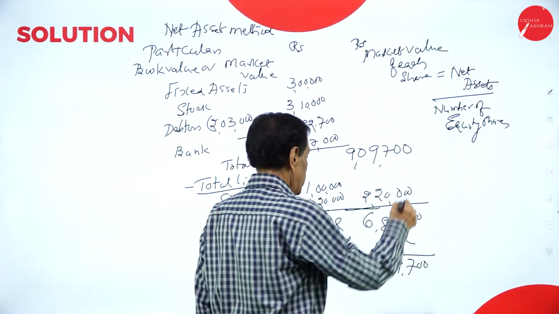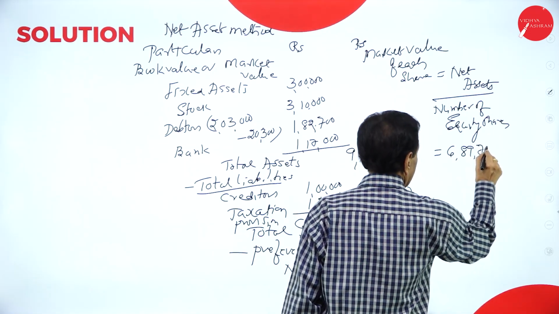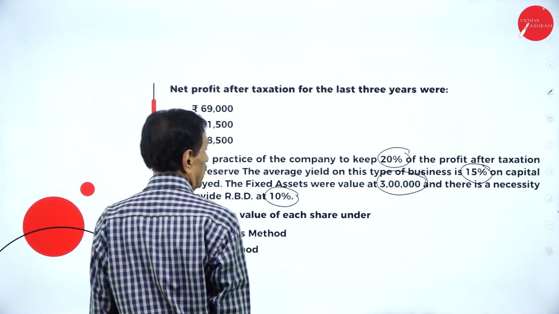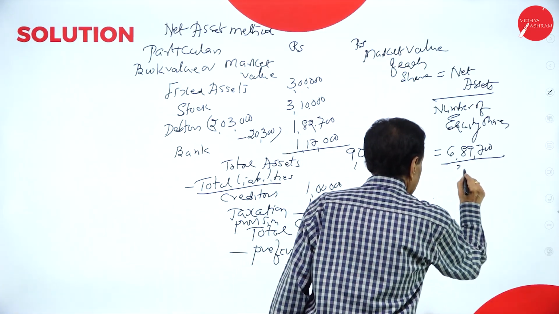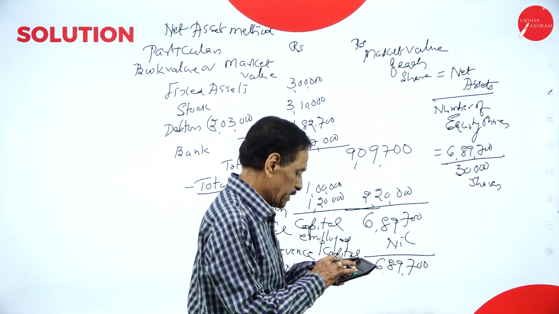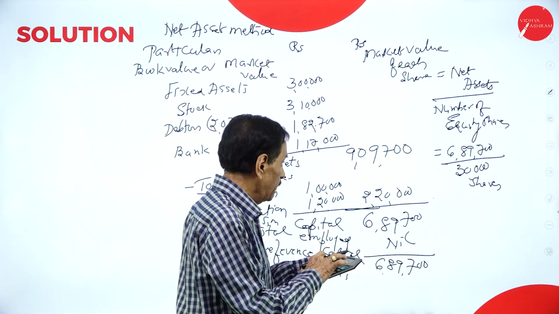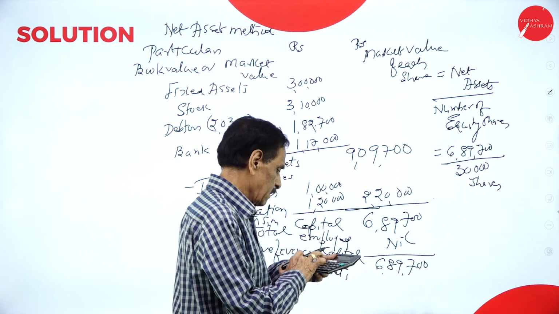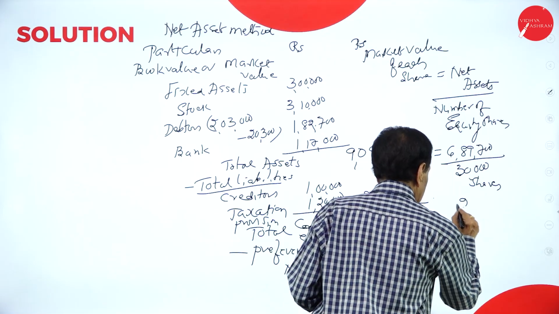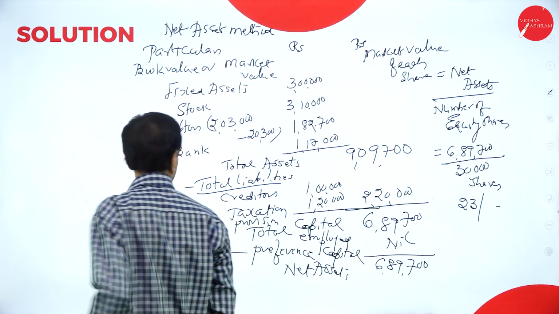What's your net asset? 6,89,700 divided by number of equity shares, 30,000. Six lakh 89,700 divided by 30,000, 22.99, say 23 rupees. This is as per the net asset method.